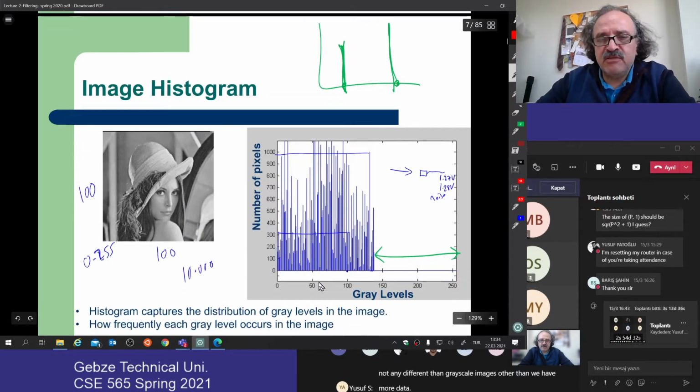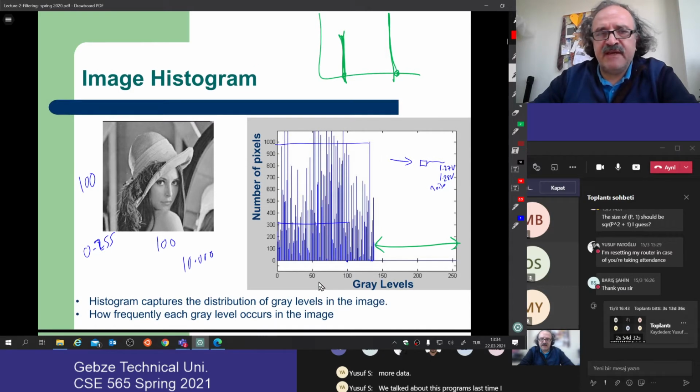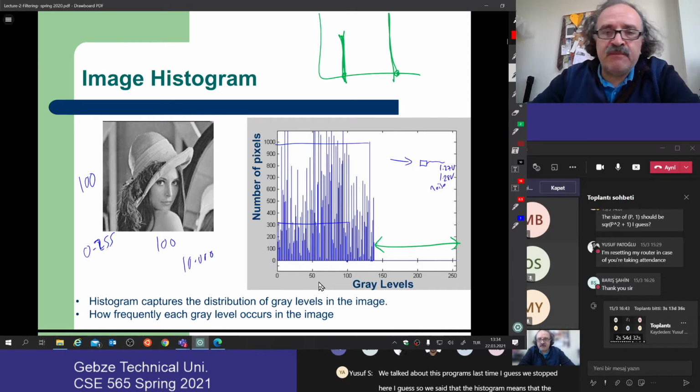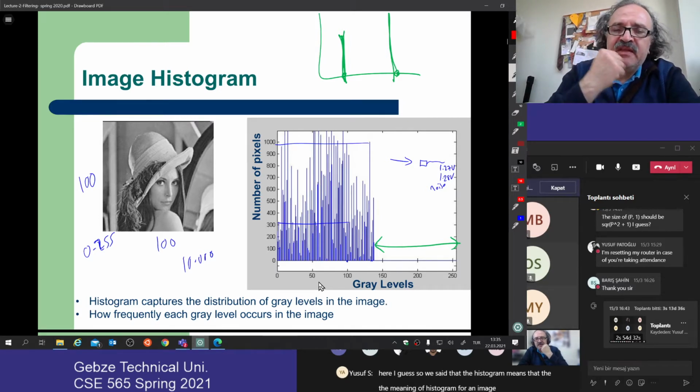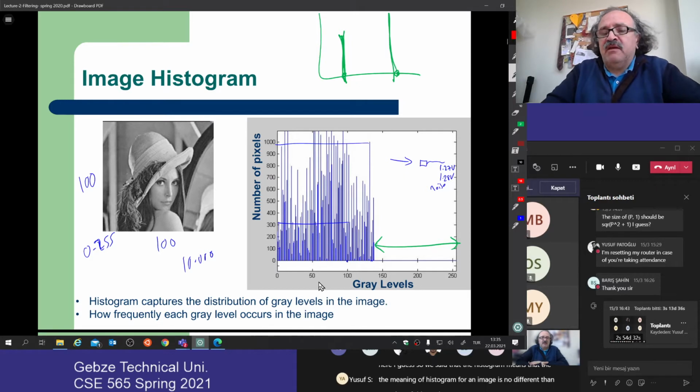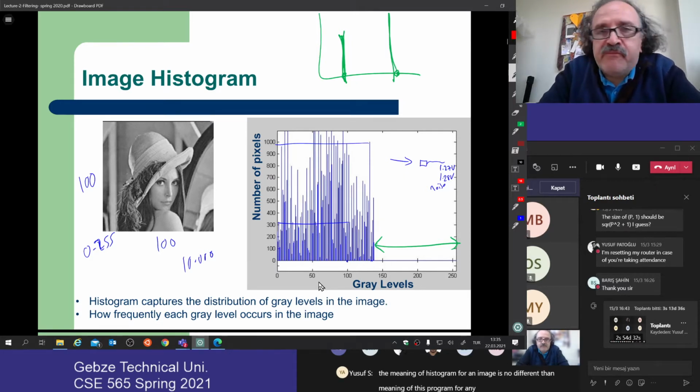We talked about histograms last time. I guess we stopped here. The meaning of a histogram for an image is no different than the meaning of a histogram for any statistical data. Usually we take histograms of students' scores.